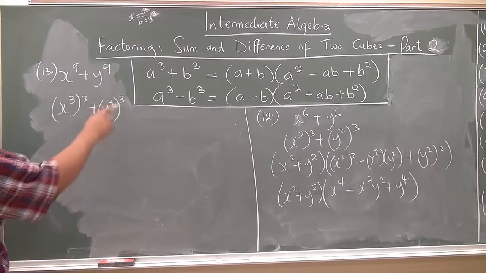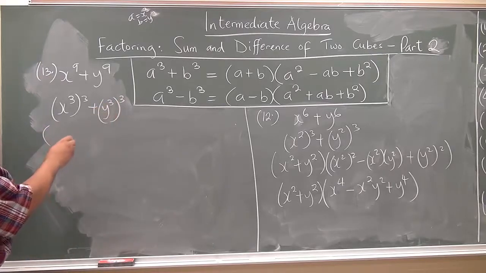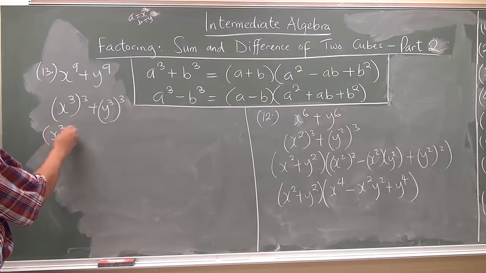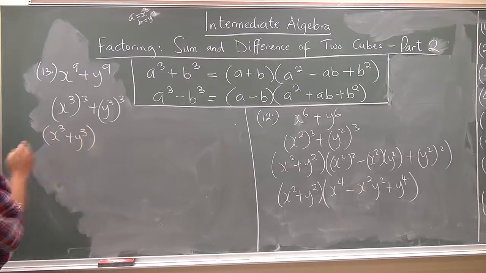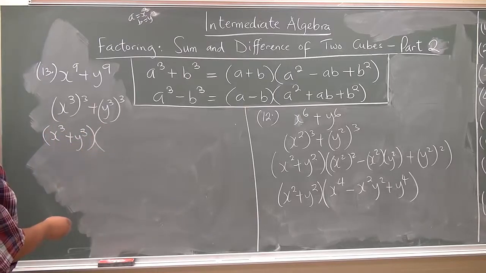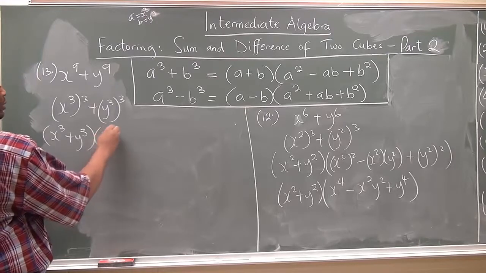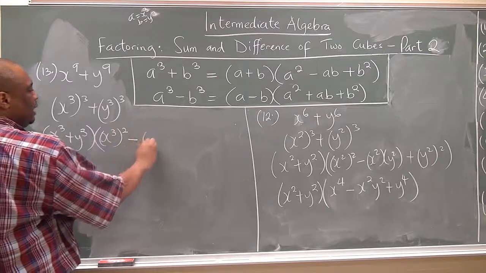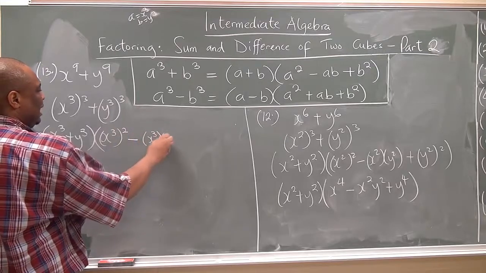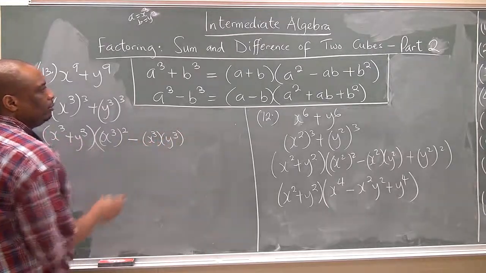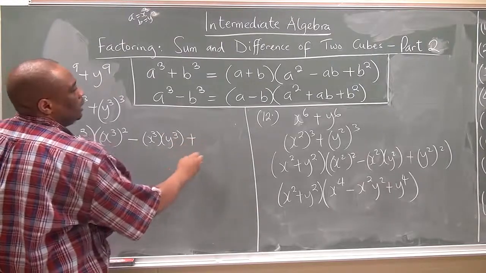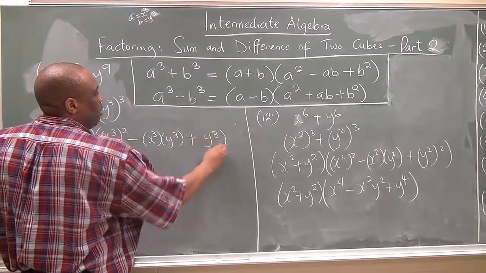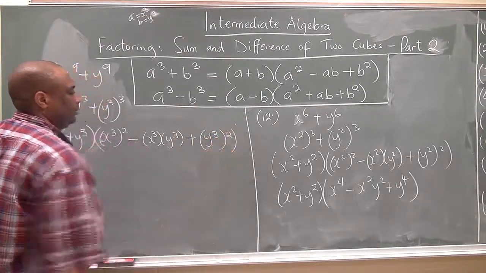So this will be x cubed plus y cubed times x cubed all squared minus x cubed times y cubed plus y cubed all squared.